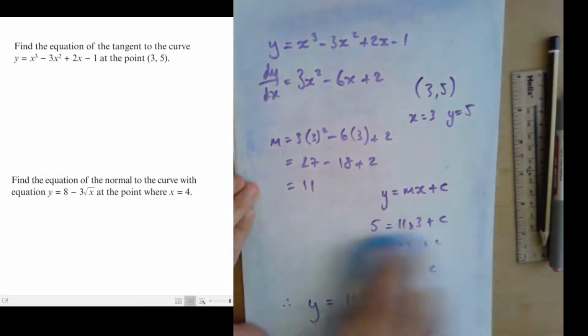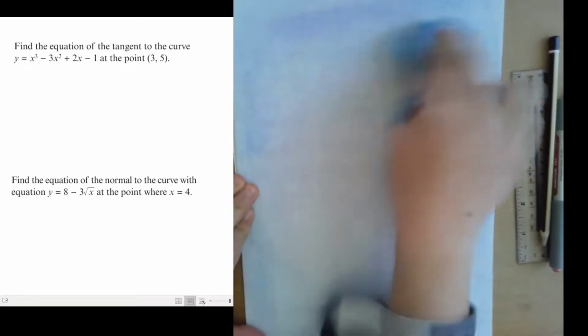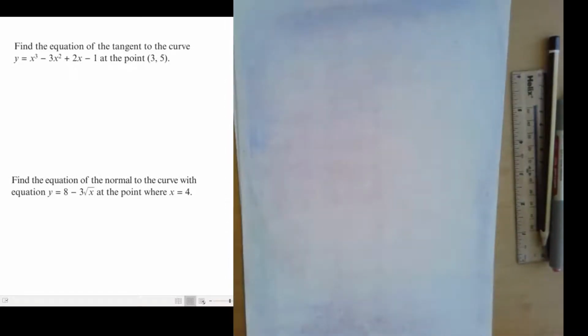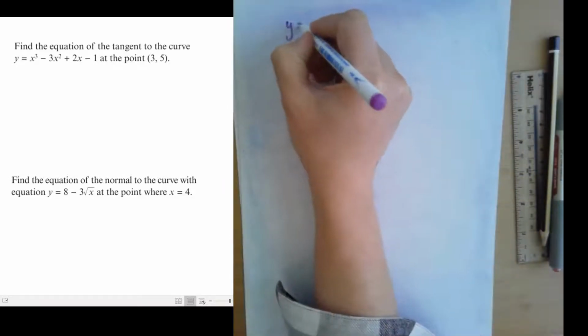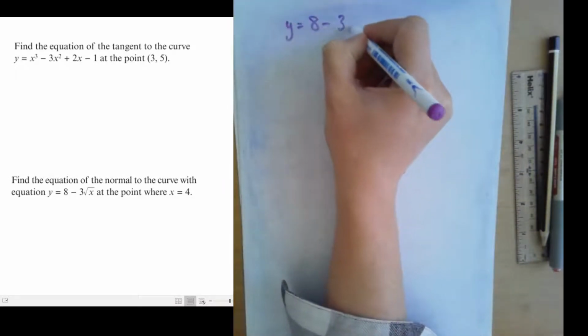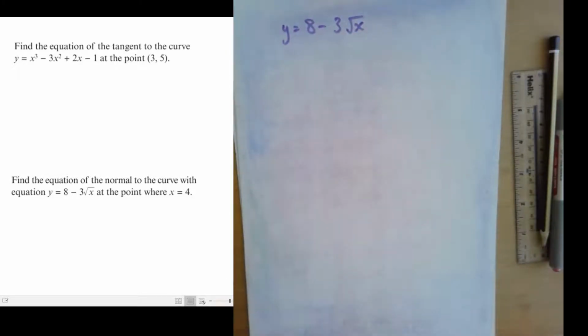Okay? So we are now going to look at the normal. So kind of the same thing, but you might have to do a little bit more work because obviously you can see a square root. So I've got y equals 8 take away 3 square root x. Okay, so the first thing I do when I see a square root is I think if I need to differentiate, I need that in a power.